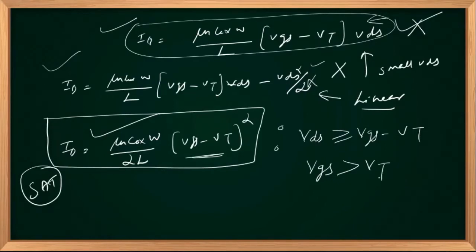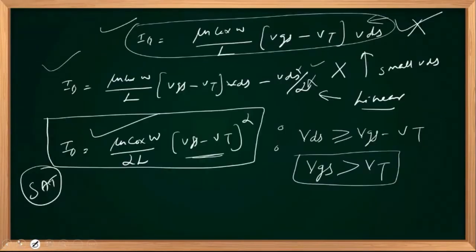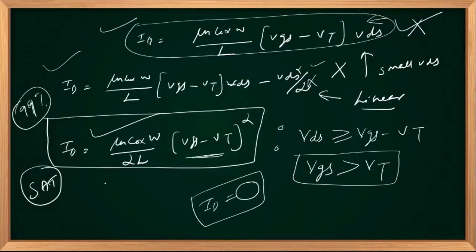If the transistor is not on, if VGS is less than VT, the transistor is off and the drain current is always equal to 0. So you should check whether the transistor is on. If it is on, there are two possibilities, either linear or saturation. 99% of transistors will be in saturation.